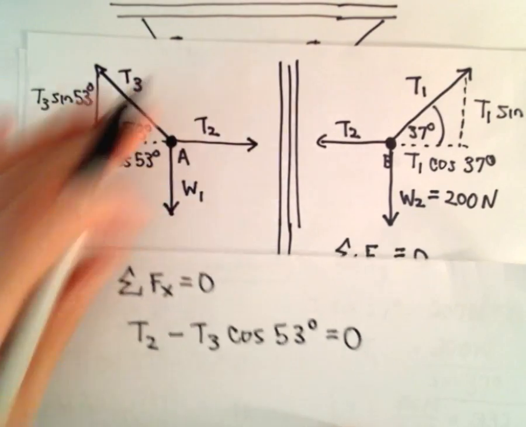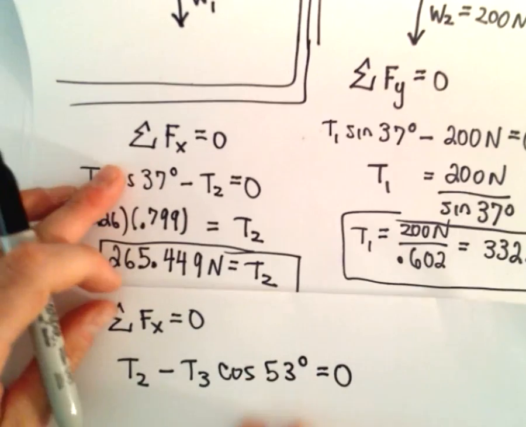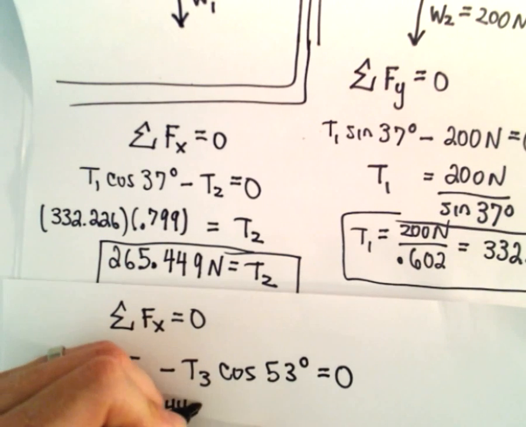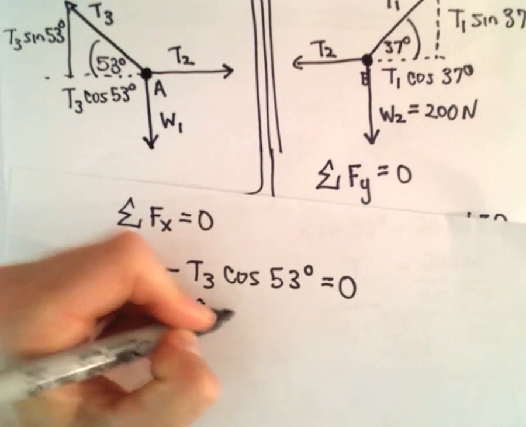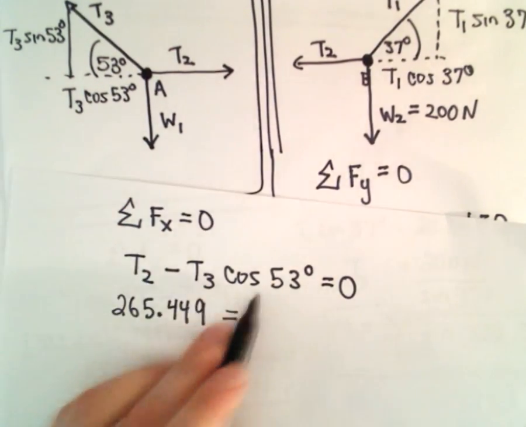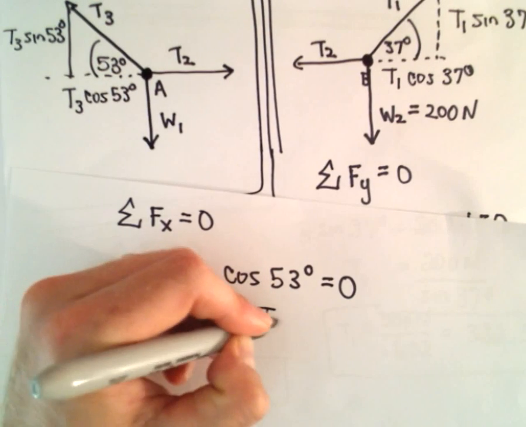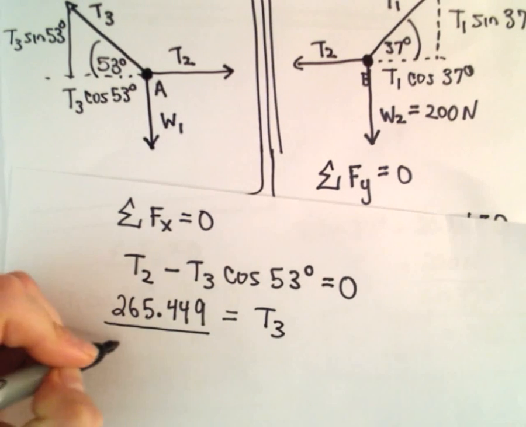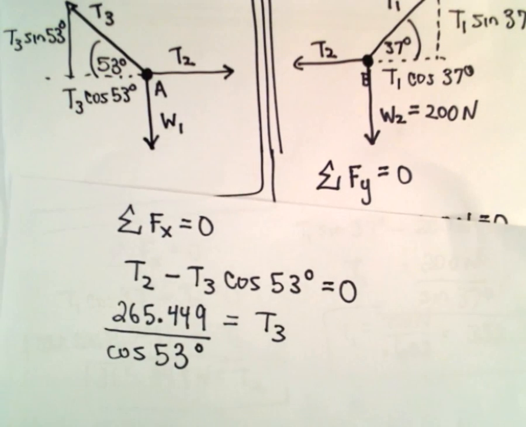In this case, we know T2, so let's fill in that value, 265.449. We could add T3 times cosine of 53 degrees over to the right, and I'm just going to divide both sides by cosine of 53 degrees.